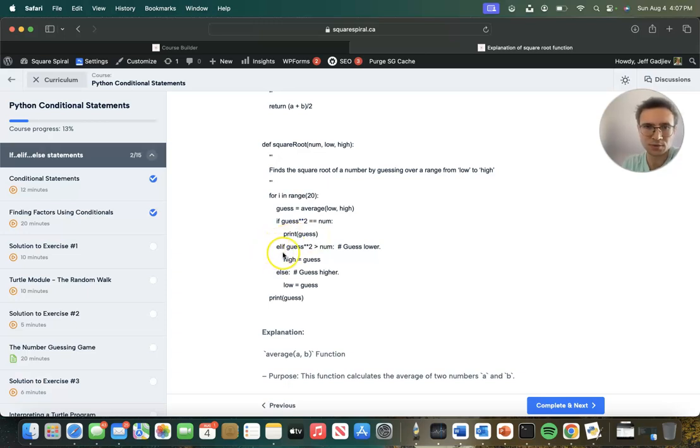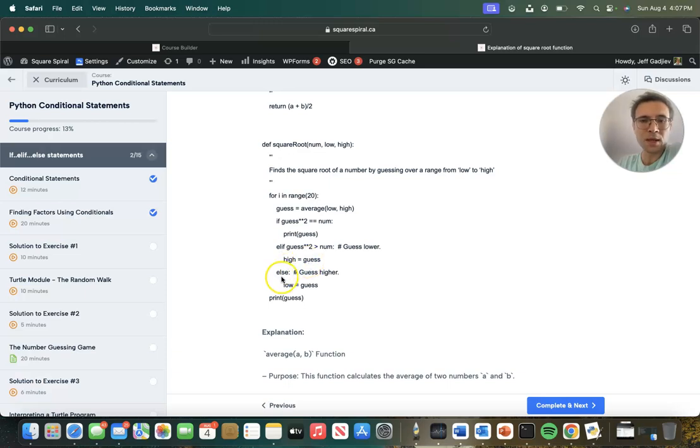Else, if the square of the guess value is greater than the number, then the program is going to guess lower. So it's going to assign the value that's currently stored in guess to the variable high.